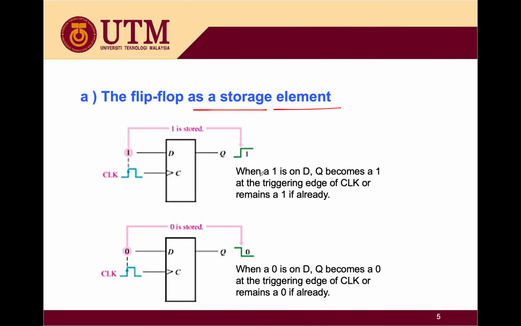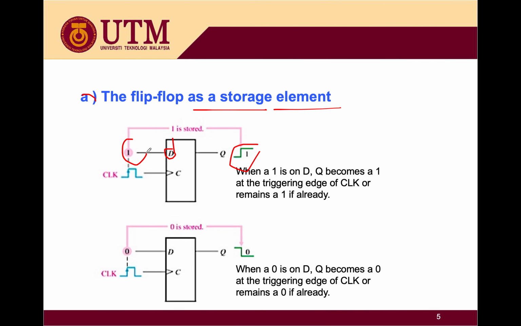Over here you can see when A is 1, where's A? Okay, it is 1 on the D. So Q becomes 1 at the trigger edge of the clock, or remains 1 if it already is.